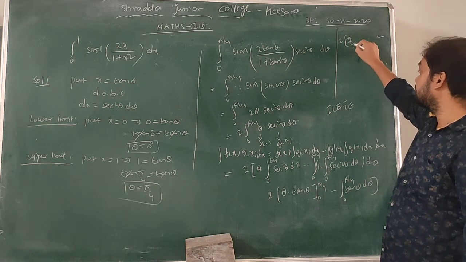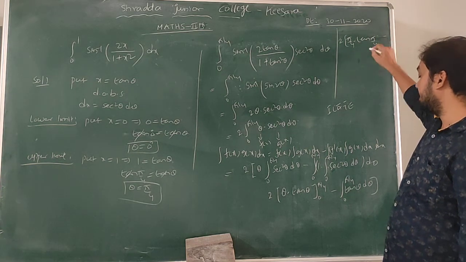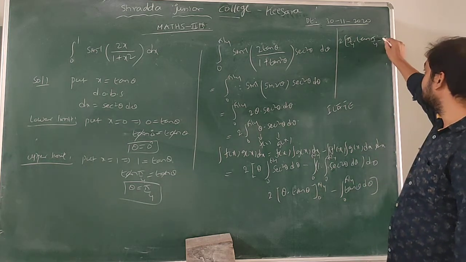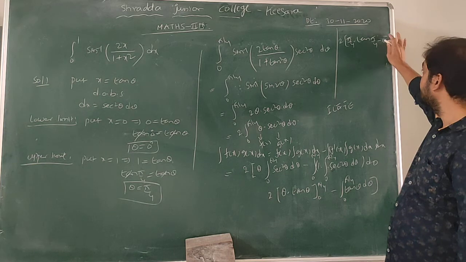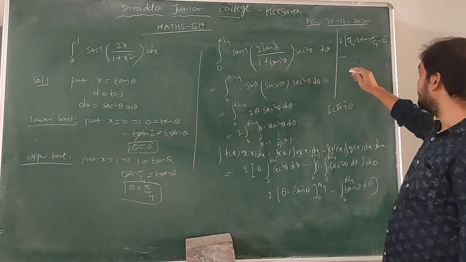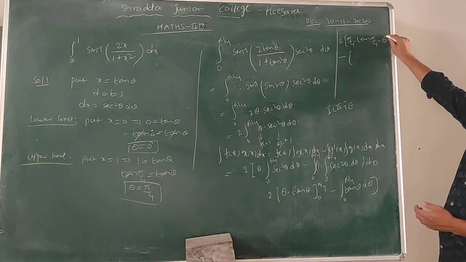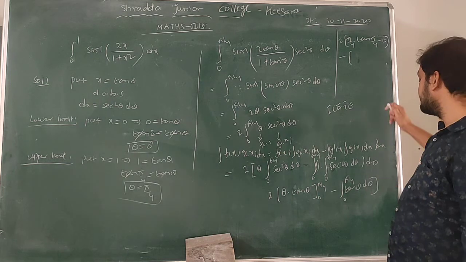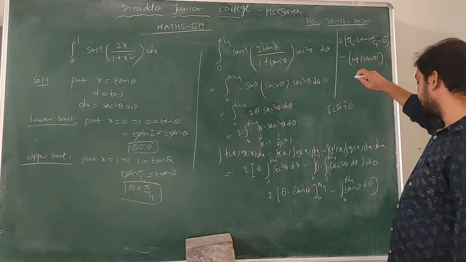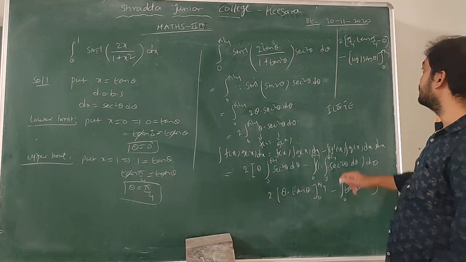What we are getting here, pi by 4 into tan pi by 4 minus 0 into something, that is 0, minus integration tan theta d theta, which is nothing but log mod sin theta. Apply the limits, that is 0 to pi by 4.